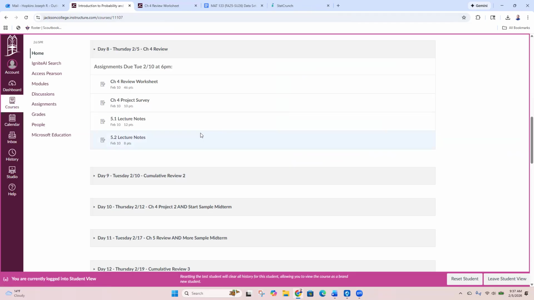Okay. I started grading some of the stuff. I'm always behind on grading, but take a look. There's a couple people that submitted the wrong assignment to certain things. So like instead of the chapter 3 review worksheet, they submitted, I don't know, the chapter 3 project.